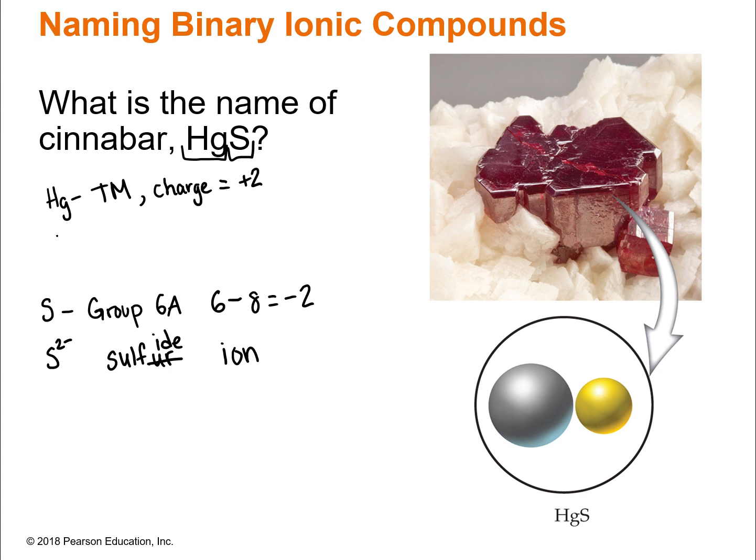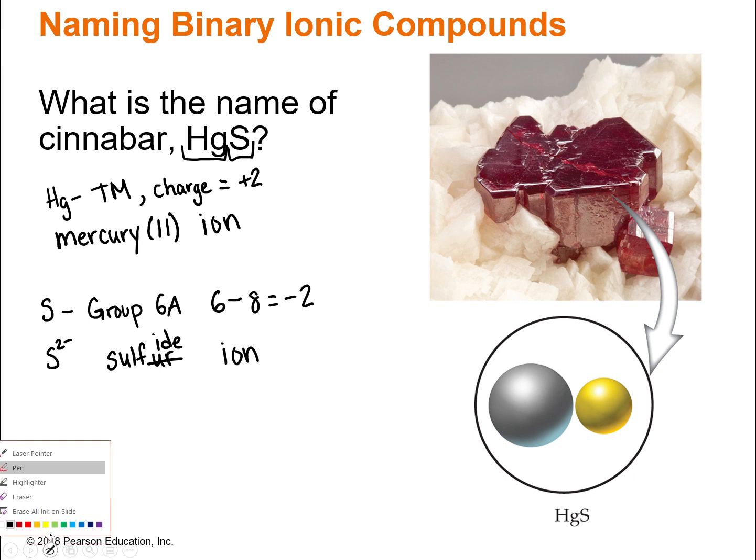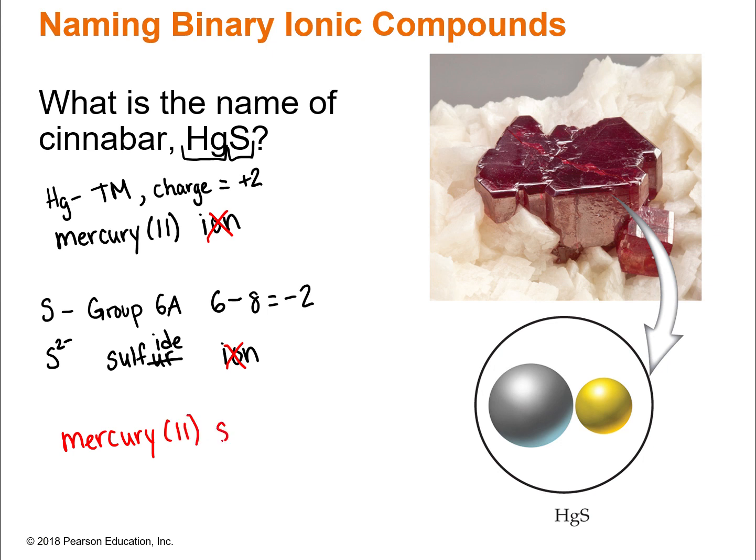The way that you write this using the stock system is you write the parent atom name with the charge as a Roman numeral, followed by the word ion. You get rid of the word ion in both cases, and you slap them together. So this compound is mercury(II) sulfide.